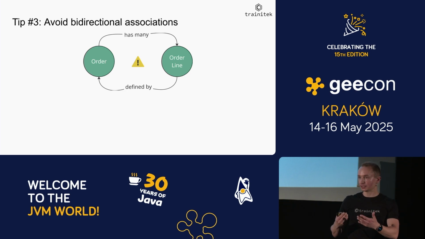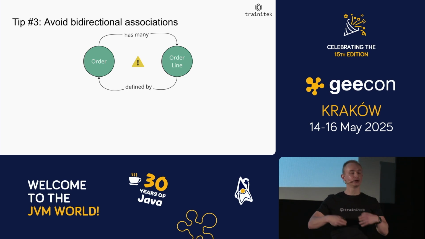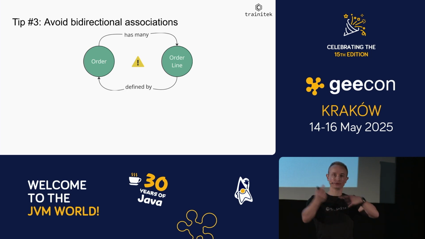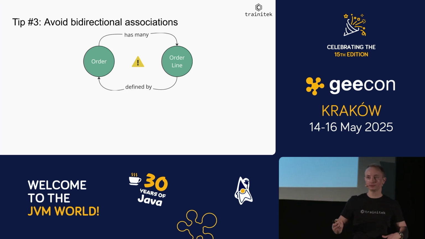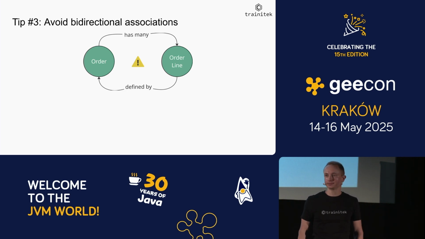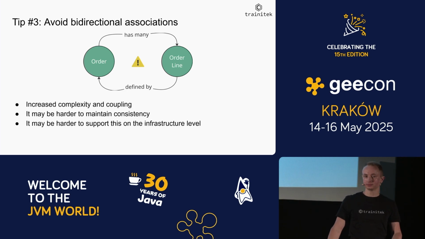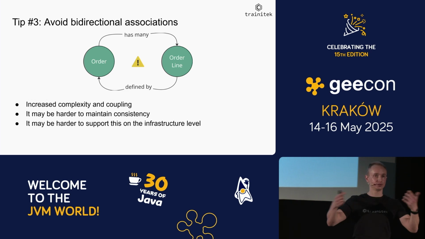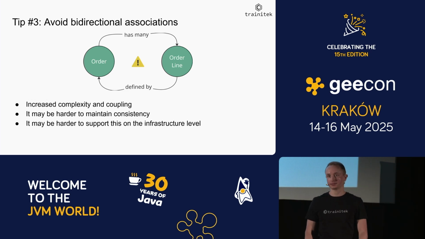Because it's an illusion of convenience. People think, oh, it's convenient because I can traverse my domain model without any problem. I can go from anywhere to everywhere, right? And what is the result? The result is increased complexity. The more connections, the more complex a solution you have.